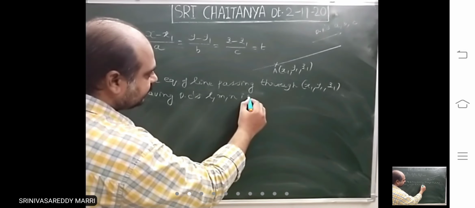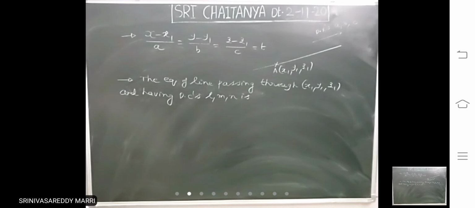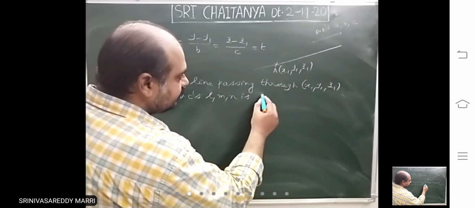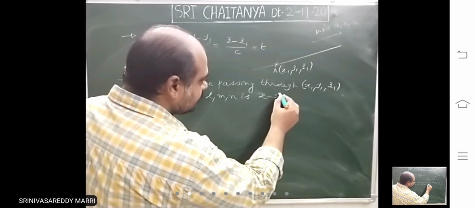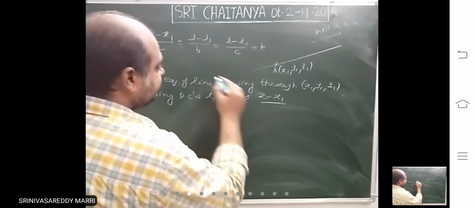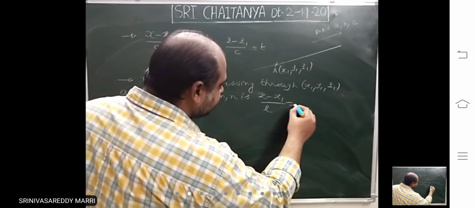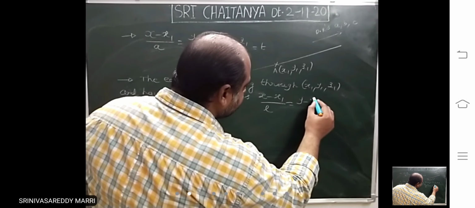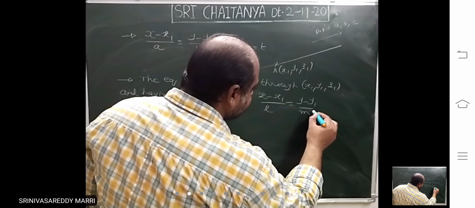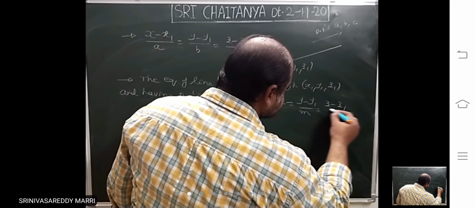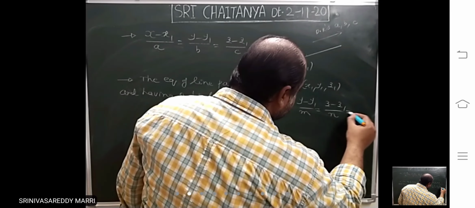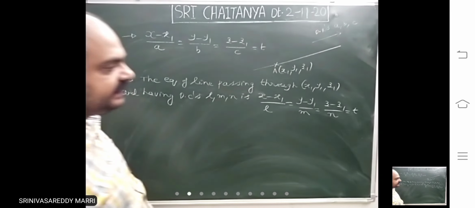Instead of DRs, you will be given DCs. The point will be the same, right? For that, the equation is, just in place of a, l will be there because DCs are given: (x - x1)/l = (y - y1)/m = (z - z1)/n. These three will be equal to t.